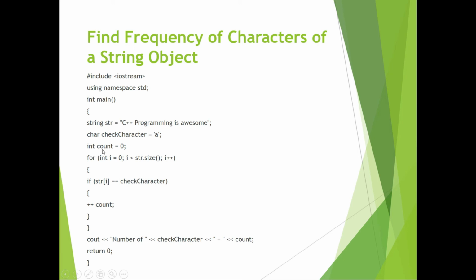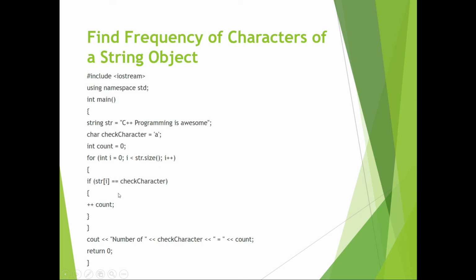So you use a count for counting the number of times it has occurred. Count is initialized to 0. You are using a for loop with str.size, so it starts from 0 and ends at the str size.